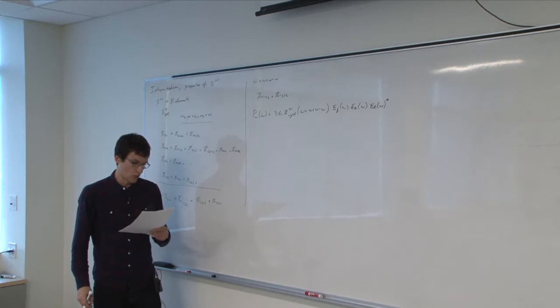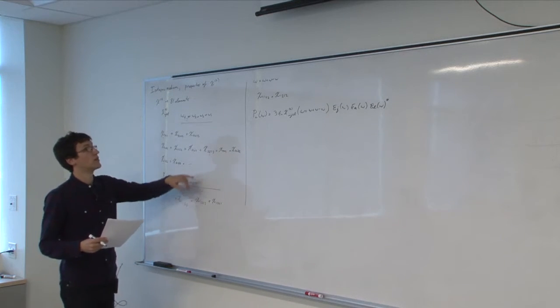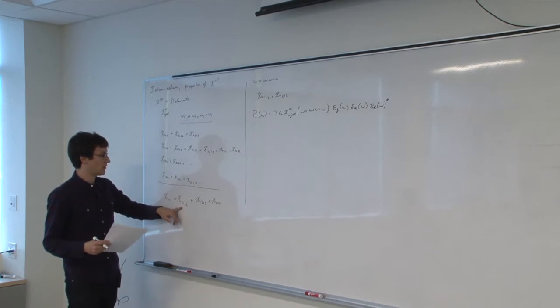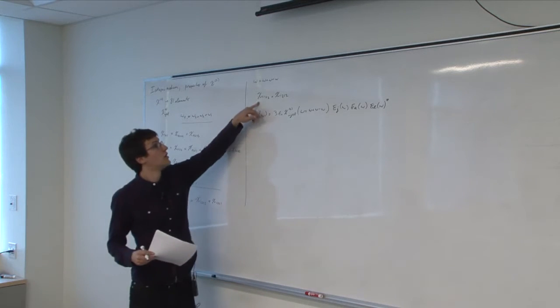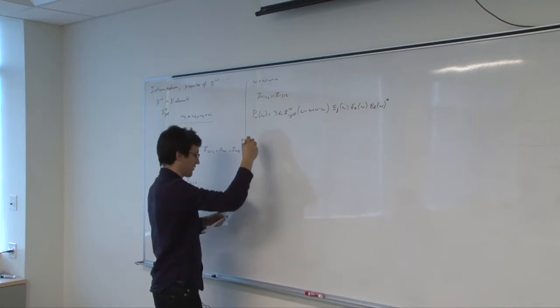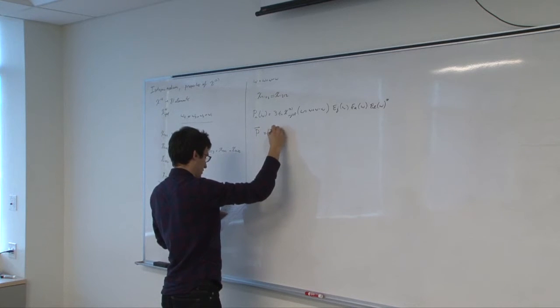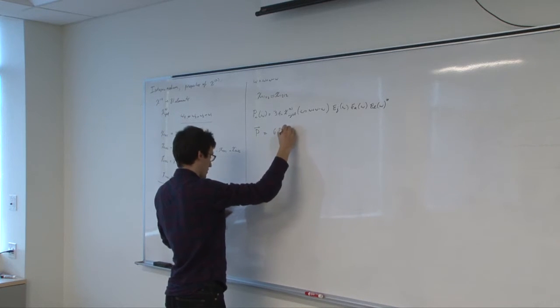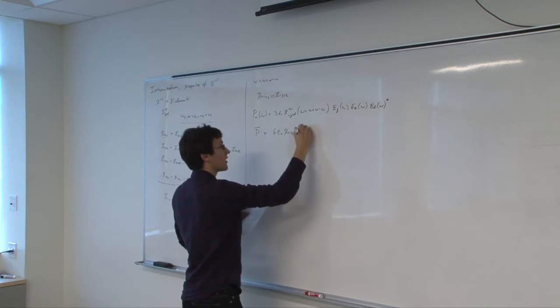And so one will find, based on this condition, and the relation that we found as well, that P can be written as 6 epsilon naught chi 1,1,2,2. You will find this expression.